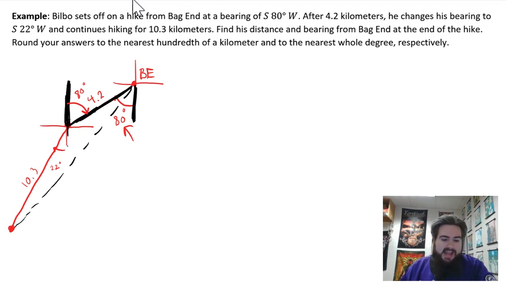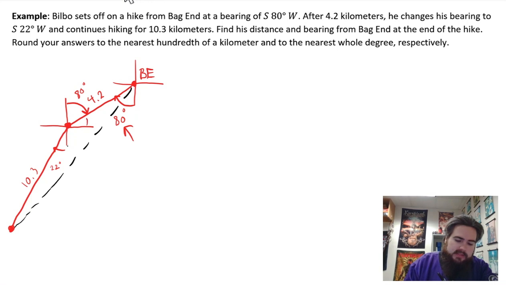The reason why that is helpful is because now I know the angle measure on the inside of this triangle, or a portion of it, because I know that this angle measure here would have to be the complement of 80, which is 10 degrees.